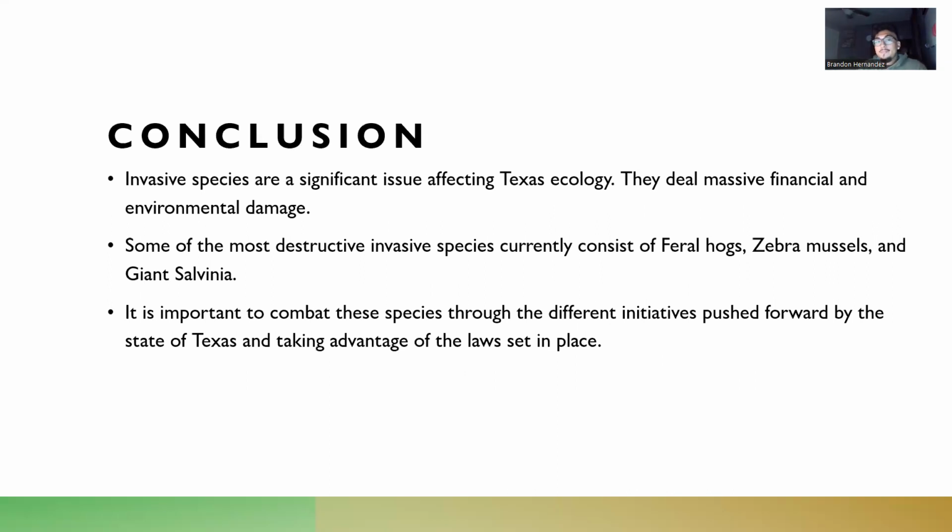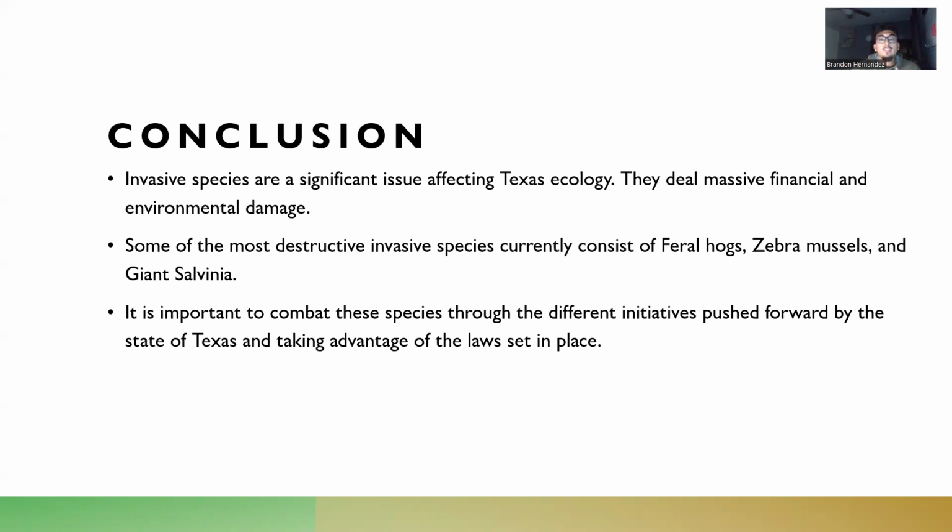And so, in conclusion: invasive species are a significant issue affecting Texas ecology. They deal massive financial and environmental damage. Some of the most destructive invasive species currently are feral hogs, zebra mussels, and giant Salvinia.